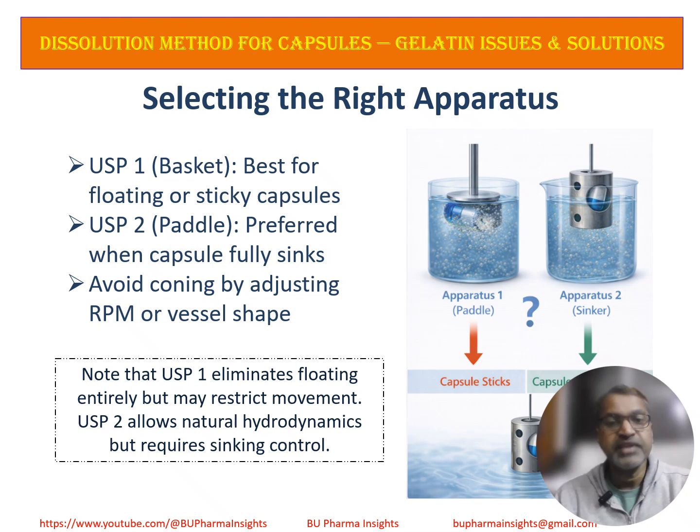This allows natural hydrodynamics and is preferred when the capsule fully sinks, but you must control floating using sinkers, proper degassing, and RPM optimization. Coning risk can be minimized by adjusting RPM, using proper vessel geometry, and ensuring correct alignment.